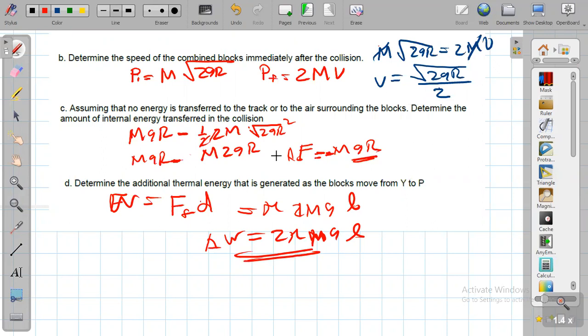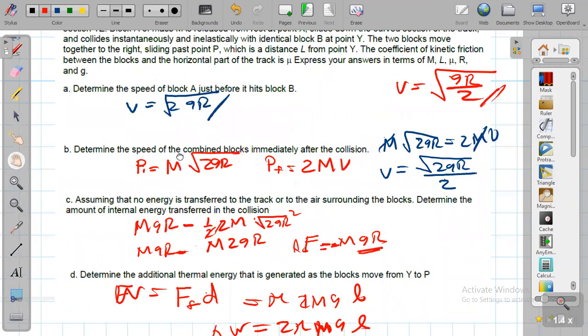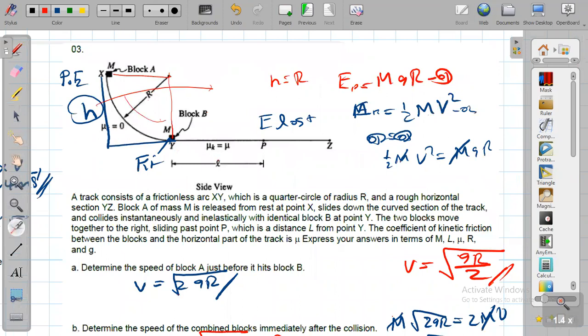Part C, do you need me to explain it? Children, in part C we have to see that it had some energy here. What is that energy? That energy is nothing other than the potential energy it had.